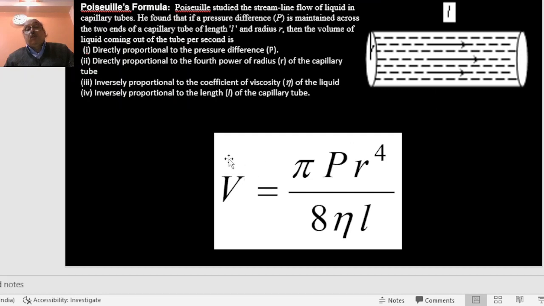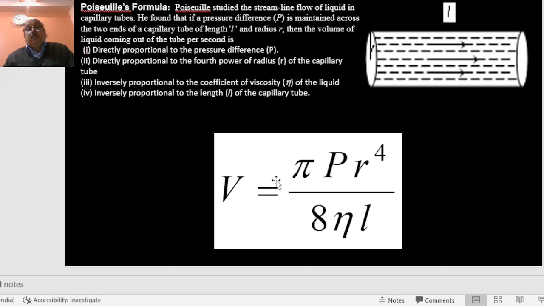The rate of flow of liquid means the volume coming out per unit time. This volume of liquid coming out from the tube per second is proportional to the fourth power of the radius and the applied pressure, and inversely proportional to the coefficient of viscosity and the length of the tube. Students, you may be able to find this equation by using dimensional analysis.